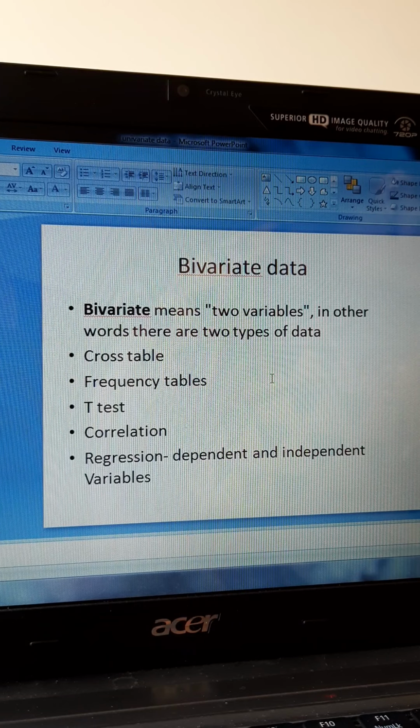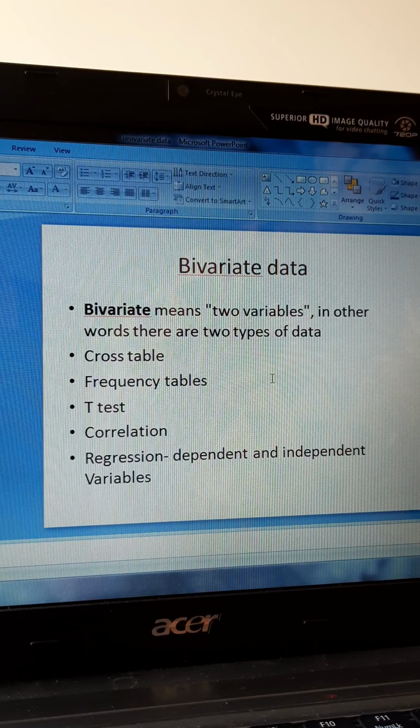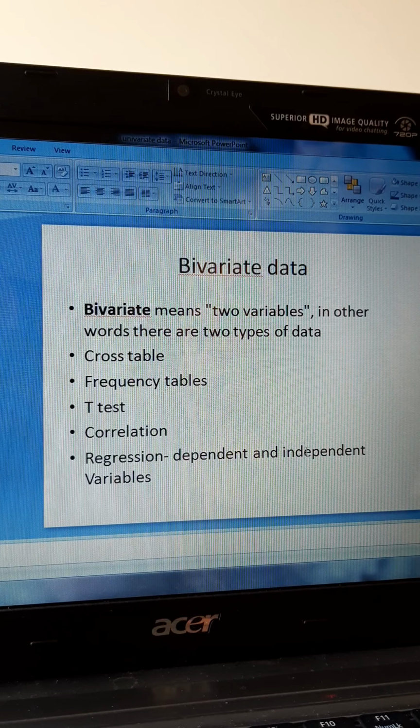And like this, finance examples: what is the variation in stock exchange, variation in fluctuation in the stock market and political scenario.